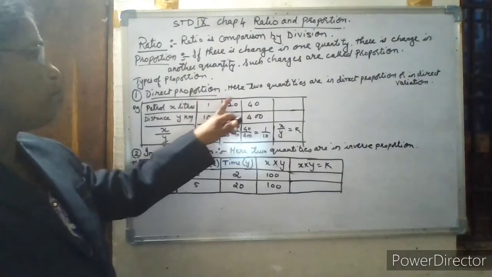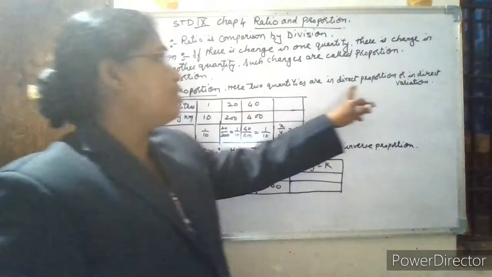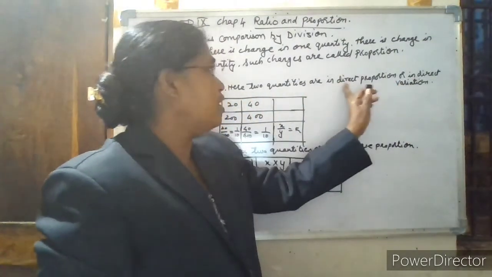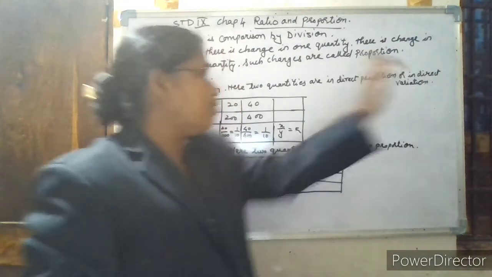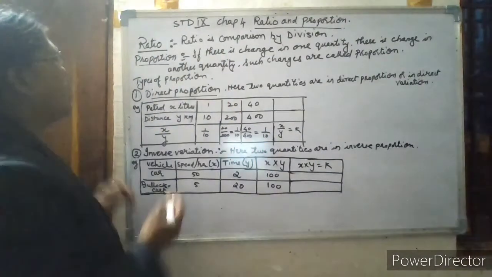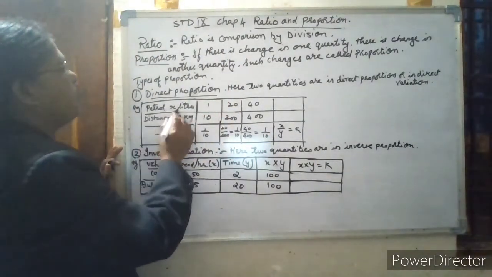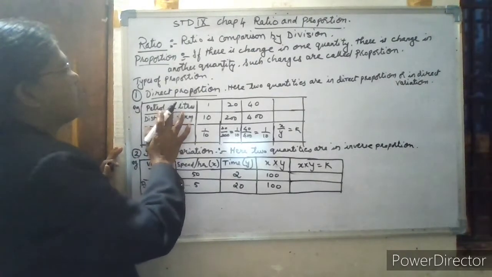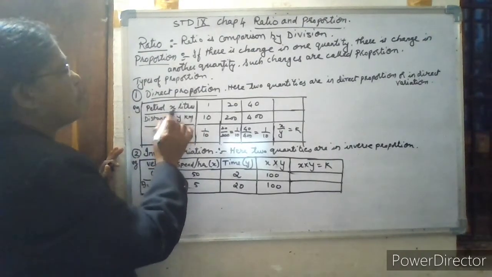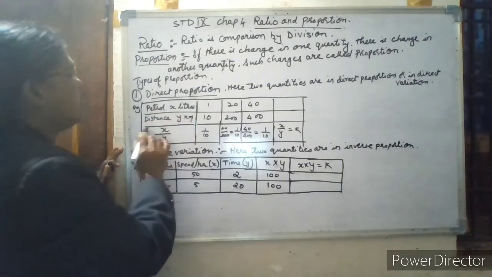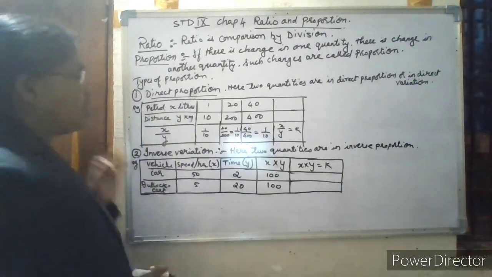In direct proportion, two quantities are in direct proportion, or direct variation we can say. For example, see petrol, that is X in liters, and distance as Y kilometers.